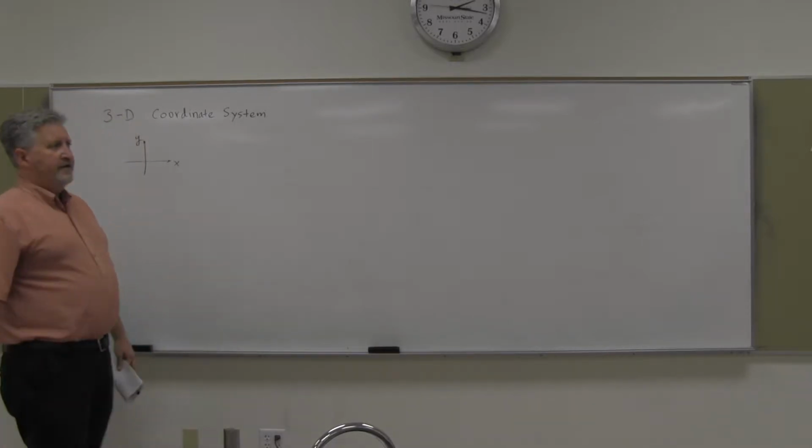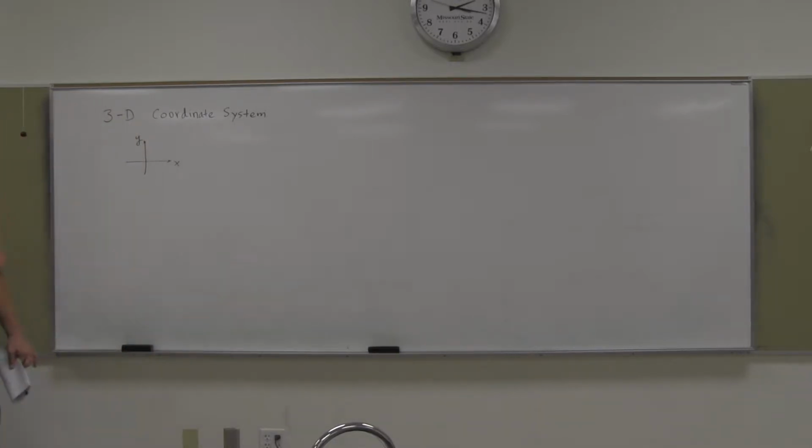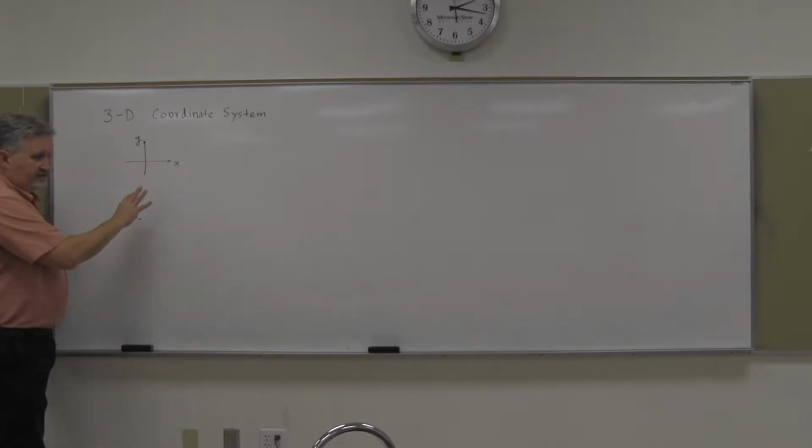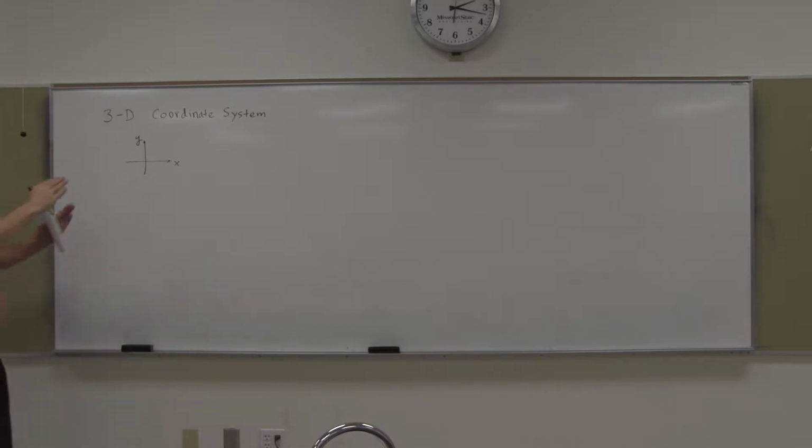And so instead of a two-dimensional coordinate system, we do need to add that third dimension, if you will. If we represent the x-y axis like this, we add that third one to it, that just gives it depth, right?